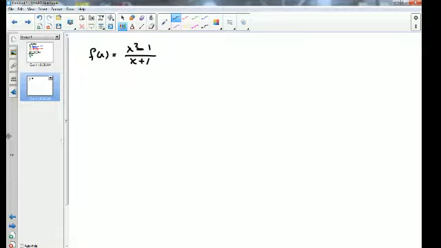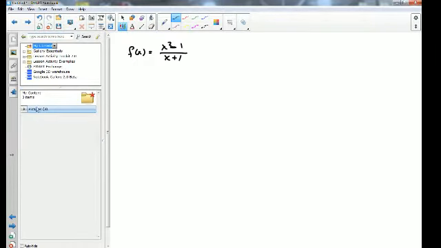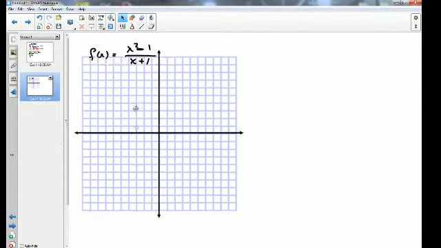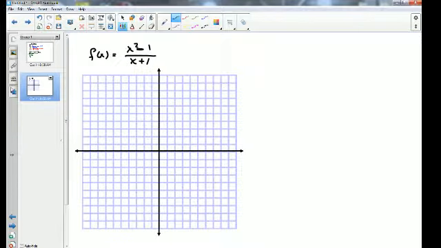Yeah, it is. What does the graph of that function look like? Okay, that is our first thought, right? And it's a good thought.